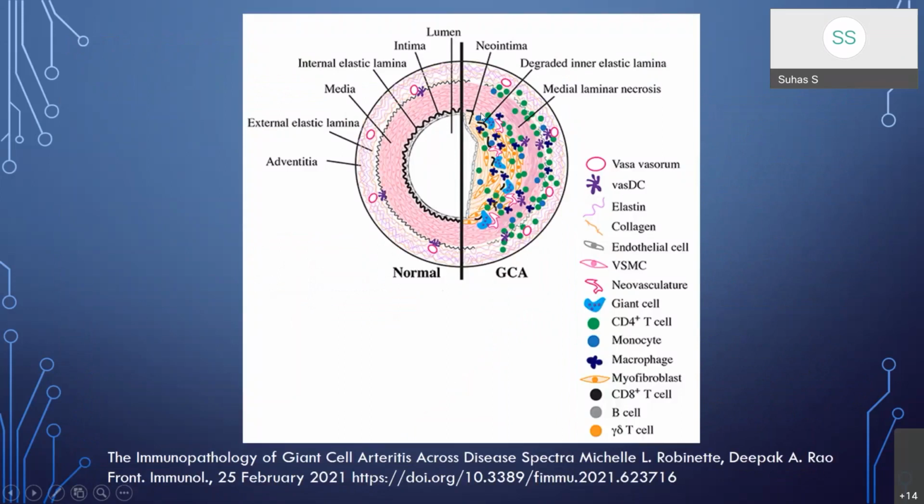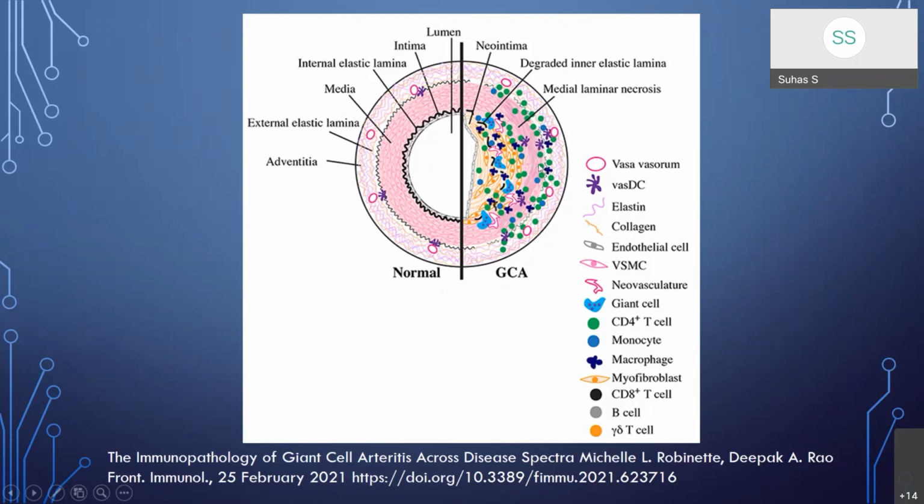We can also see degraded internal elastic lamina. In the media, we can see proliferation of smooth muscle cells, along with accumulation of giant cells and activated CD4 cells, and medial laminar necrosis. The adventitia is flushed with activated dendritic cells and CD4 cells.